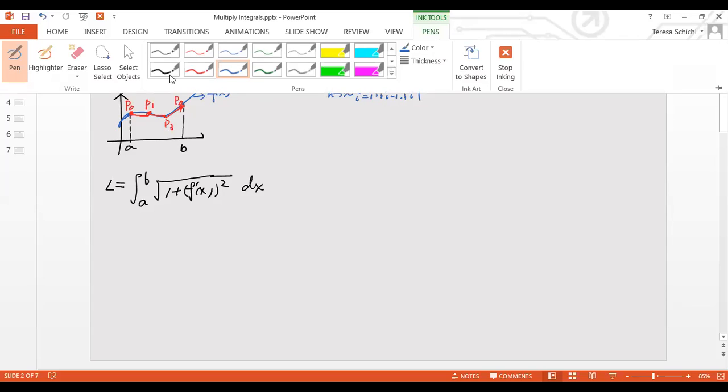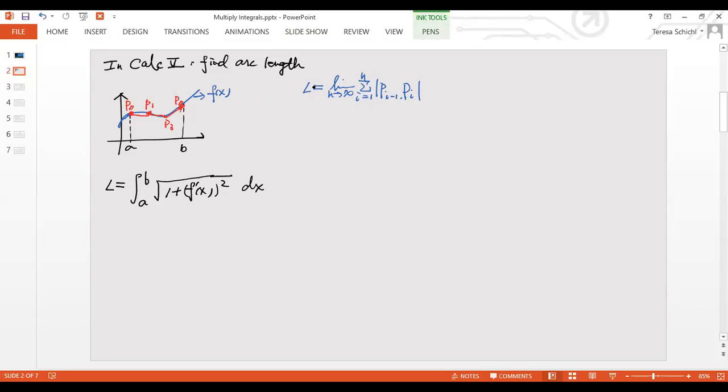Now let's look at P_{i-1}. This is a point, so I know this point is (x_{i-1}, y_{i-1}), and P_i is the point (x_i, y_i), right?